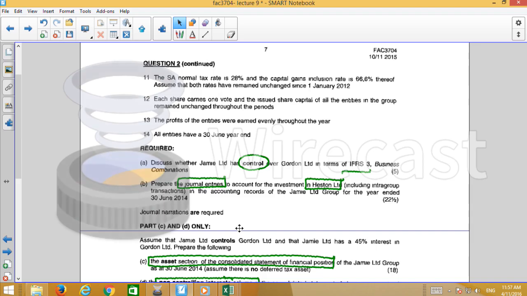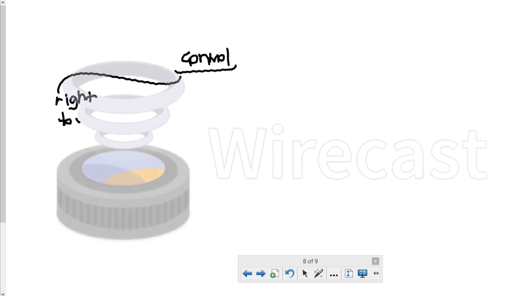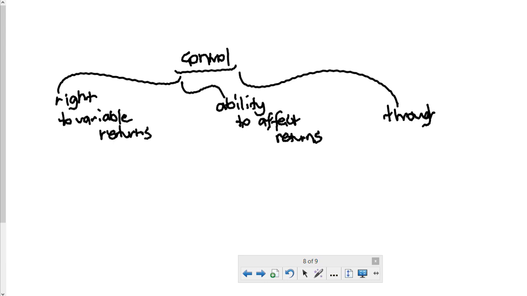Okay, I'll just put this. So if we look at the theory, to have control, we have to have the right to variable returns, we have to have the ability to affect the returns, and we have to have the power through power over investee.